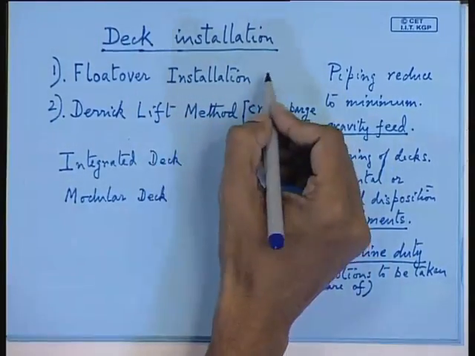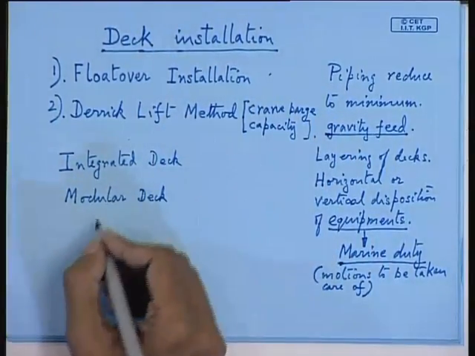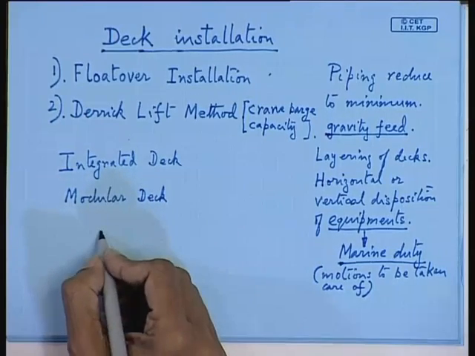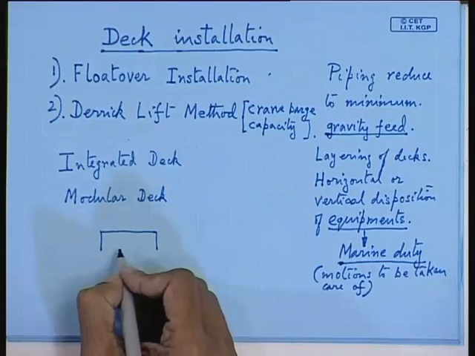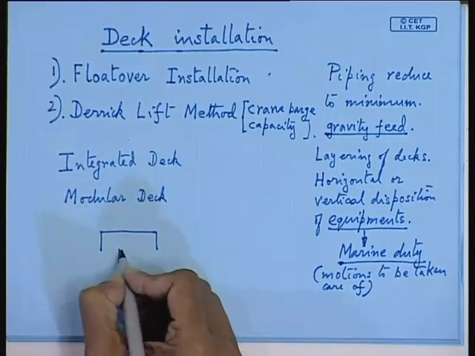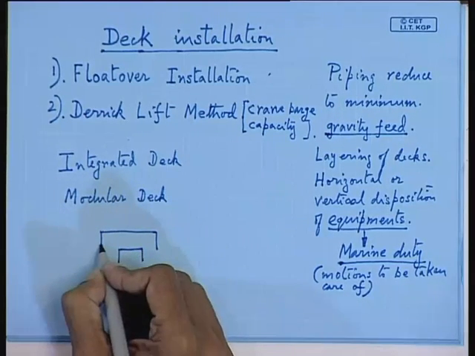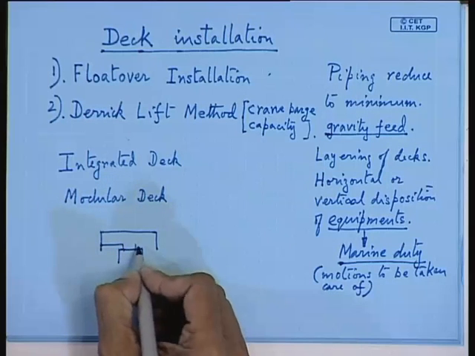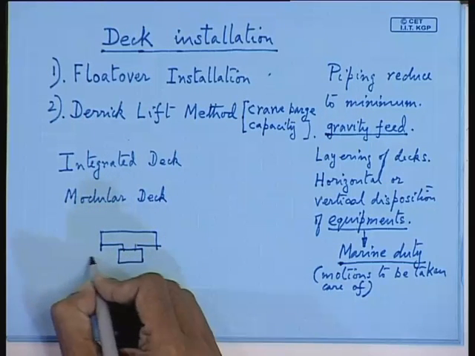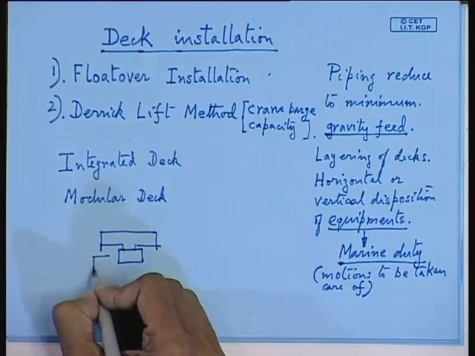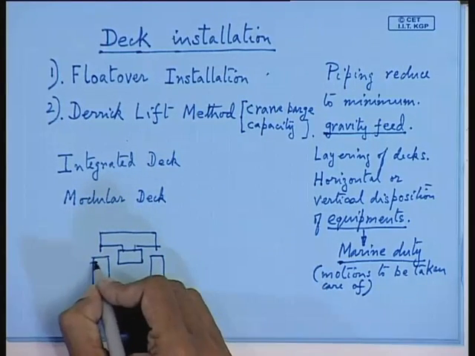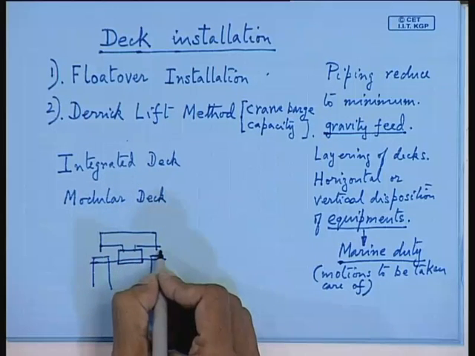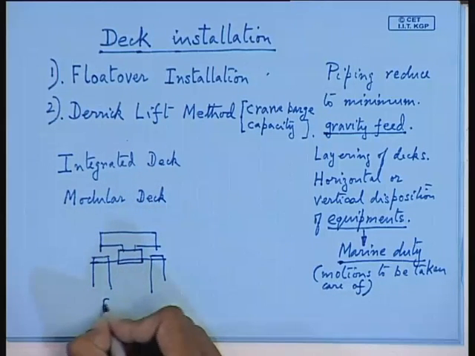And in the floatover installation, floatover is normally done by the deck being carried by barges. Actually you have to have a certain mock-up for carrying on the barges, and then this is positioned on your jacket columns. So these are your jacket columns. So a barge comes, and this is called the float-over method.